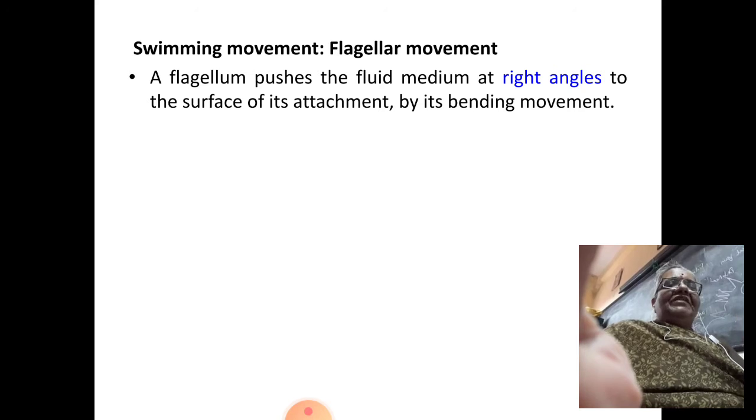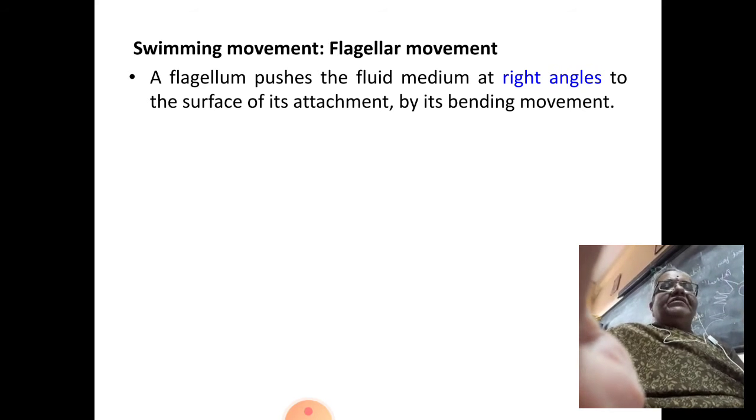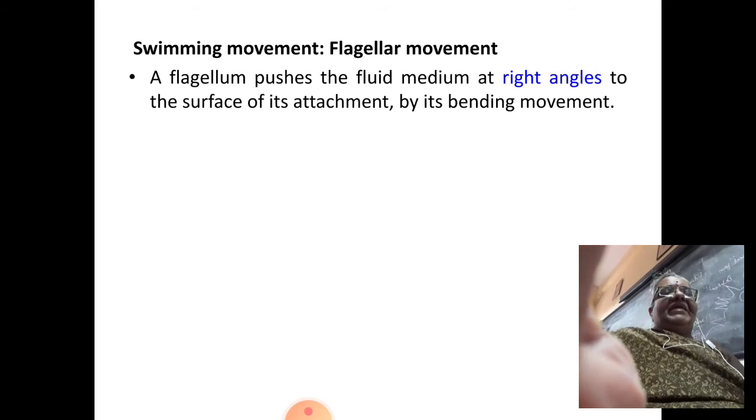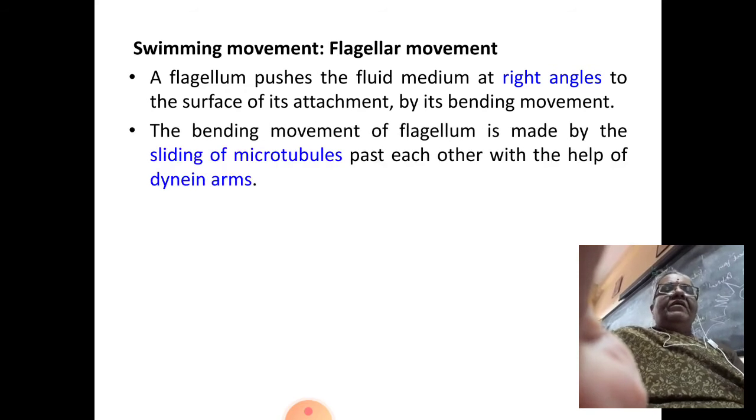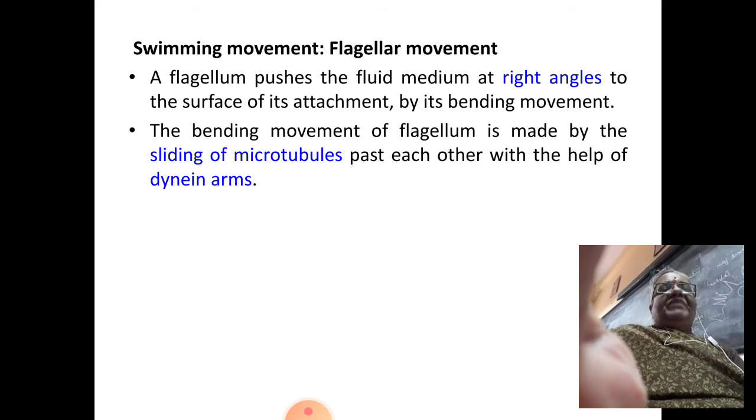So, the water is moved at 90 degrees to the beating of the attachment of the flagellum, and the movement happens by bending. The bending movement of the flagellum is made possible by sliding of microtubules past each other with the help of dynein arms.